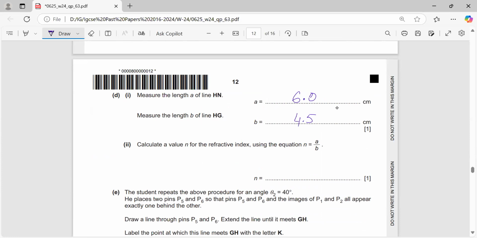Now calculate a value N for the refractive index using the equation N is equal to A over B. So what is A? That is 6. And what is B? 4.5. So 6 divided by 4.5, that is 1.33.